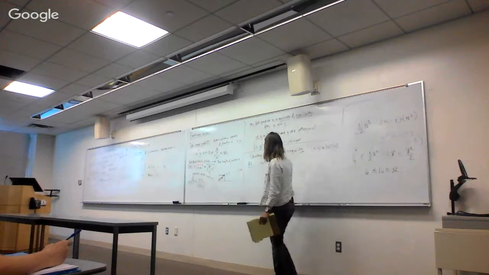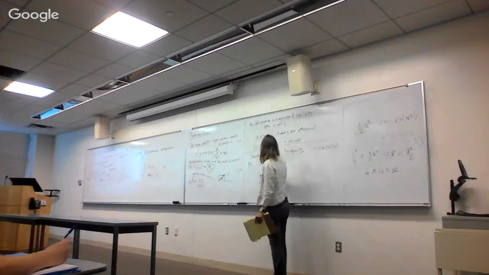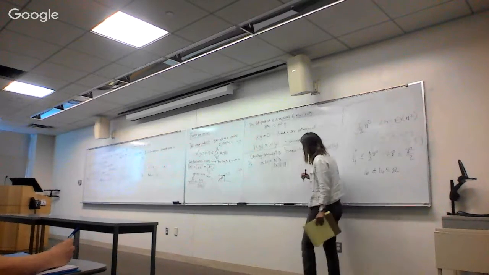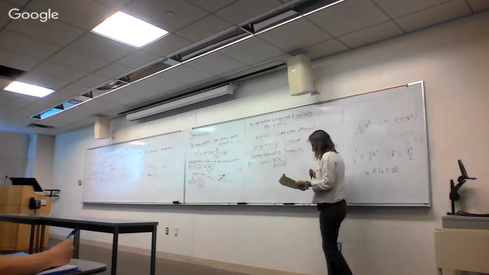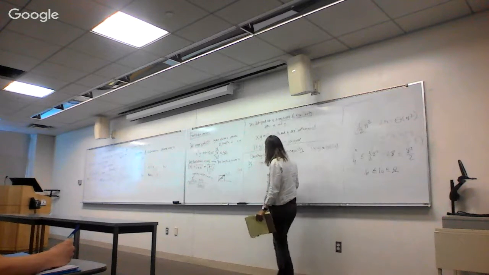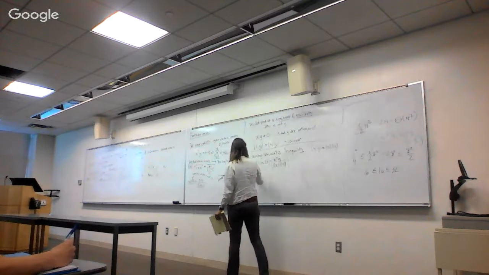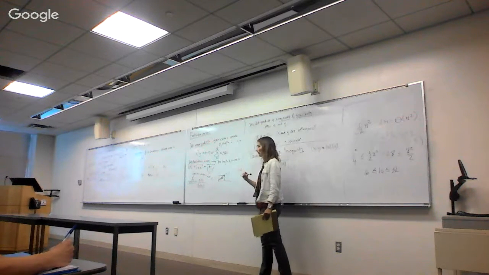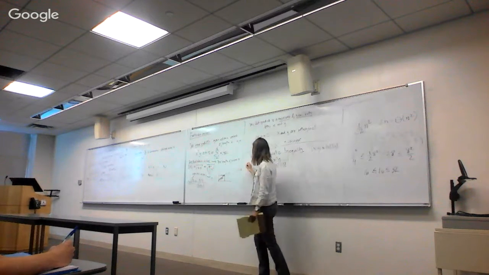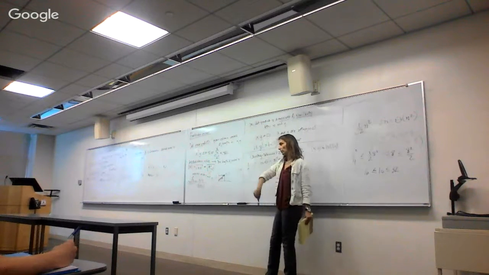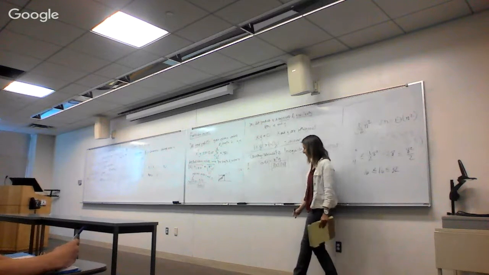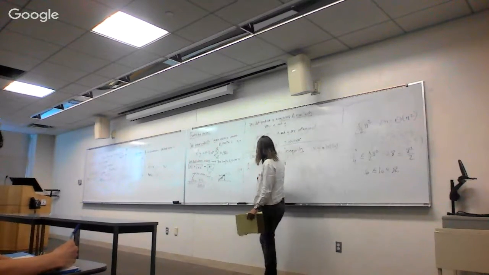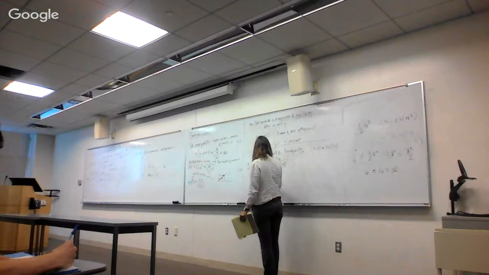I can now take the absolute value of both sides. And what's an upper bound on the absolute value of cosine? 1. Cosine varies between -1 and 1, so its absolute value is at most 1. So we have 1 is greater than or equal to this thing.